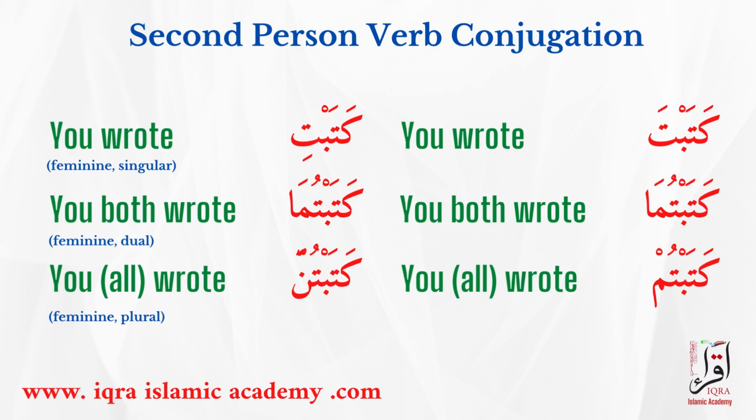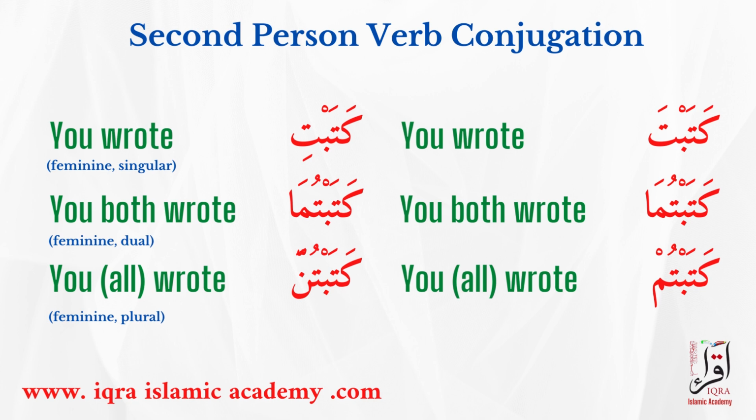Katabtuma. When we add a tuma at the end, it becomes katabtuma. You both wrote. And when we add tum, it becomes katabtum. You all wrote. When we add a ta maksur at the end, it becomes katabti. You wrote for feminine. If we add a ta maftuh, it becomes you wrote for masculine.